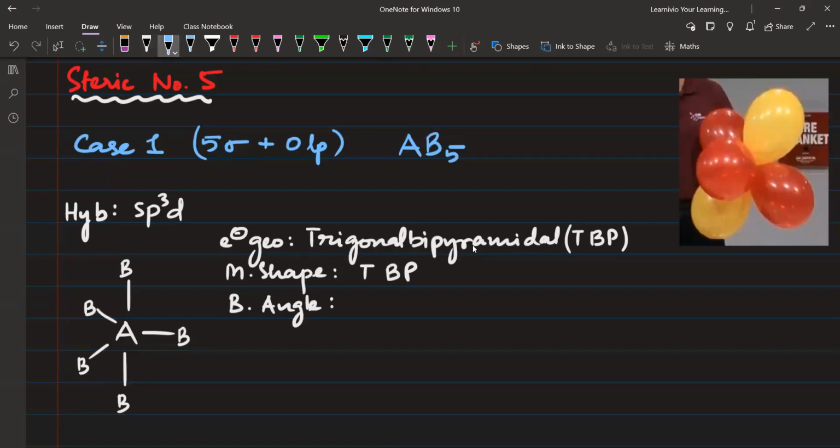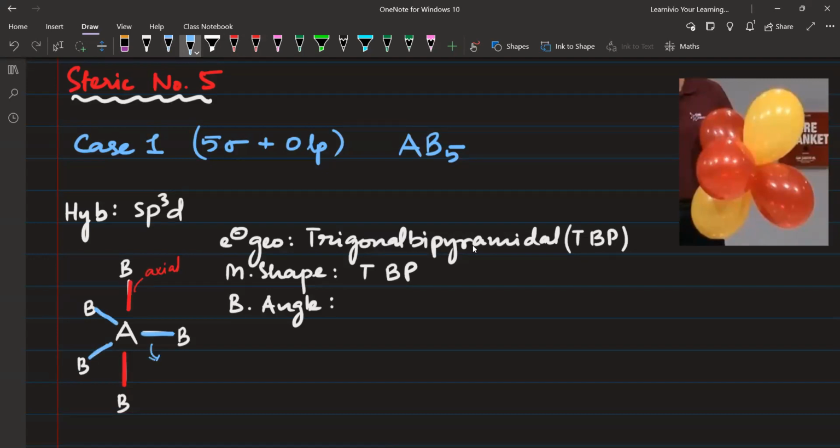If I look at the bond angle, then in this case we have 2 bond angles. By the way, here we have 2 types of bond. Let me draw the red ones. These red ones are known as axial. And then I will draw these in blue. These are different.